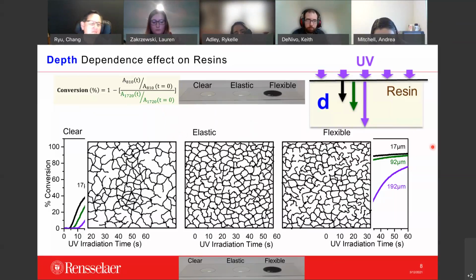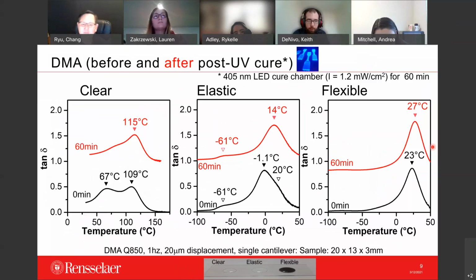So to confirm this, we subjected each printed sample to more UV irradiation. If you subject it to more UV radiation, you will get a change in its network structure. So looking at the DMA, previously the network structure was more loose, therefore you had lower Tgs determined by the DMA.